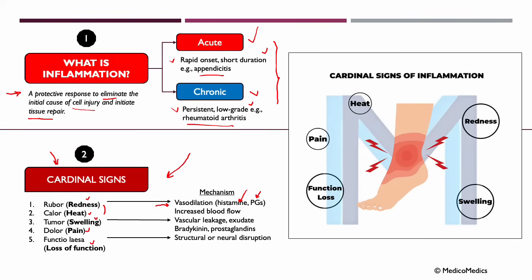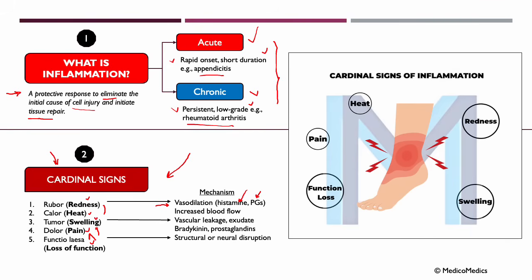Then we have tumor, or swelling. This results from increased vascular permeability, allowing plasma proteins and fluid to leak into the interstitial space, a process mediated again by histamine and by endothelial contraction. Then we have pain.